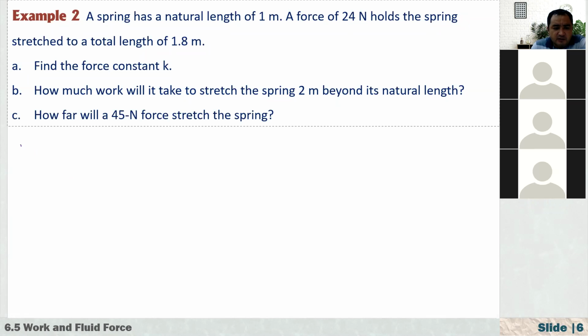Okay, first, we are talking about a spring. Its natural length is 1 meter, right? And it says that a force of 24 newtons holds the spring stretched to a total length of 1.8.